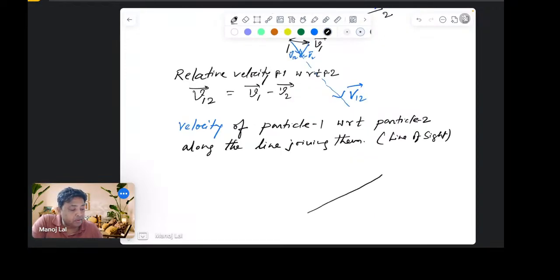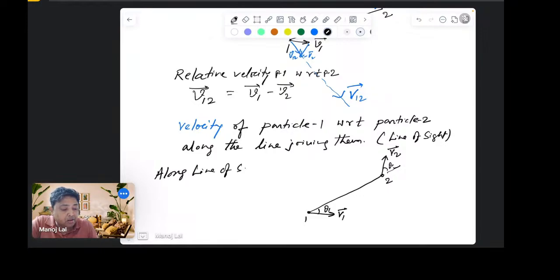Say this is particle 1, velocity is v1, and this angle is theta 1. This is particle 1, this is particle 2. At some instant its velocity is say v2, and say this angle is theta 2. So what is the velocity of 1 with respect to 2 along the line of sight?